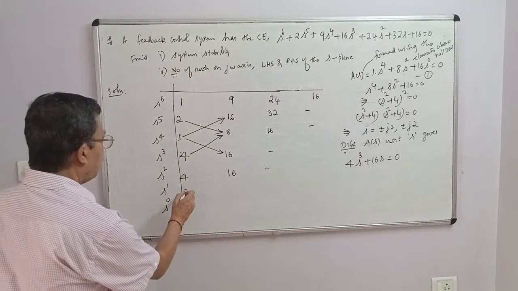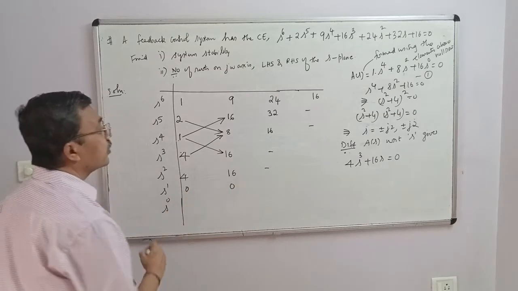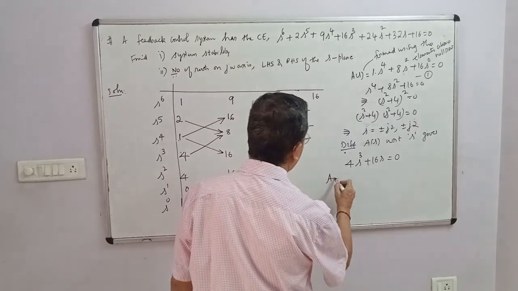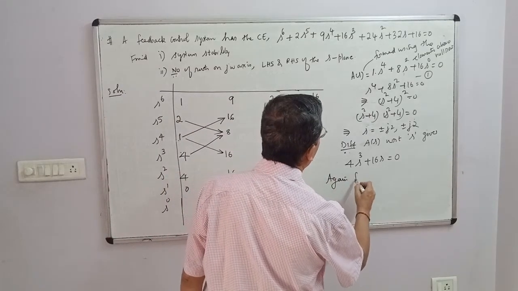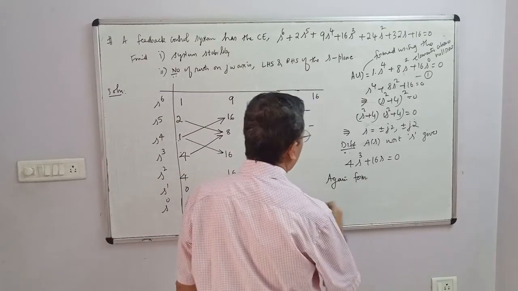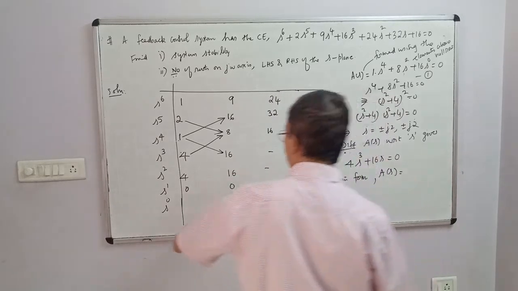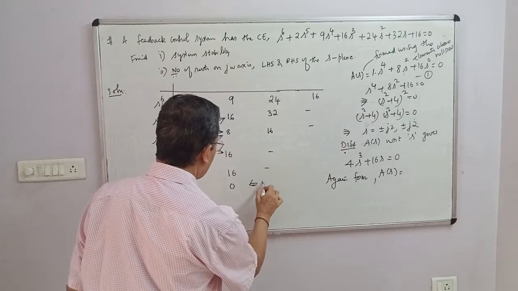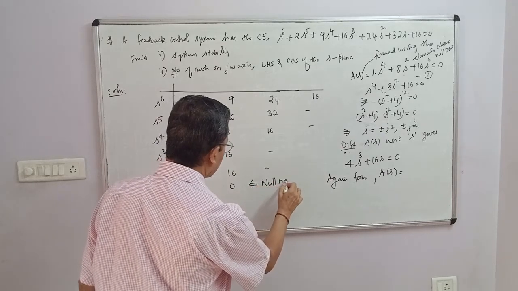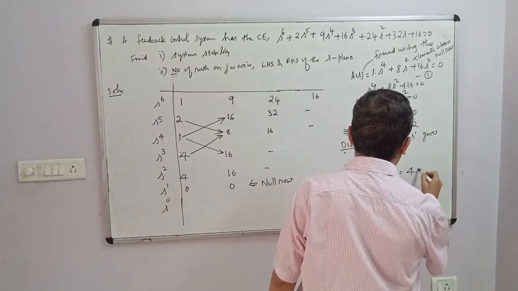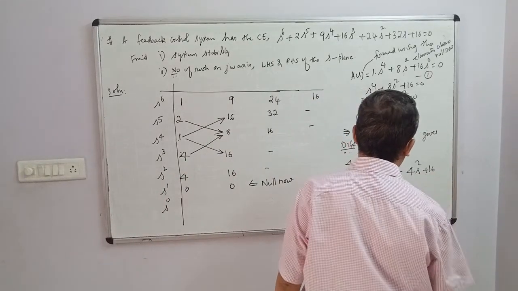Next, again these two elements are 0. Again form A of s. This is the null row now. A of s is equal to 4s square plus 16.